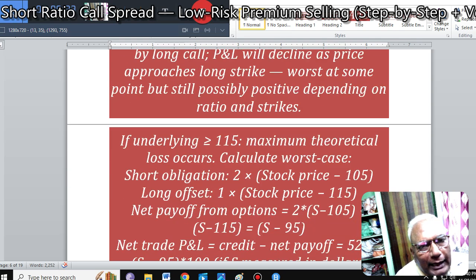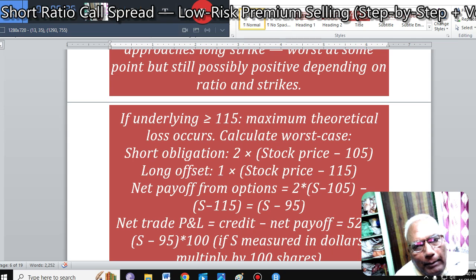If the underlying is above 115, maximum theoretical loss occurs, so calculate the worst case. Short obligation: 2 times (S minus 105); long offset: 1 times (S minus 115). Net payoff from options: 2(S minus 105) minus (S minus 115) equals S minus 95.